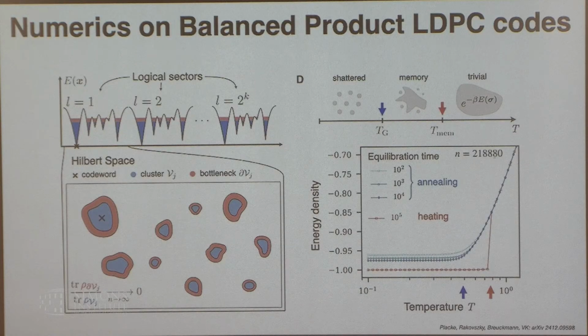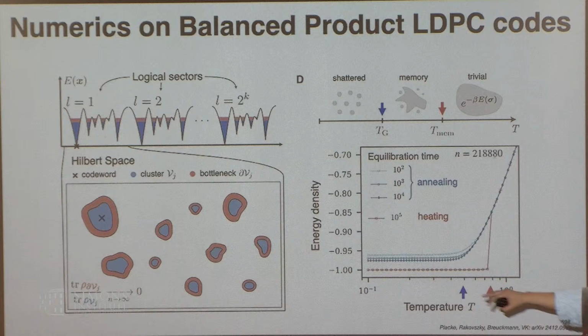But then we did actual numerics on these very large balanced product codes, and we did find data that's very consistent with this picture of glasses. So what I'm drawing here for you is a landscape where you have a single logical sector, and you have many valleys, many configurations surrounded by bottlenecks, and this is within one sector, and then it repeats in every logical sector.